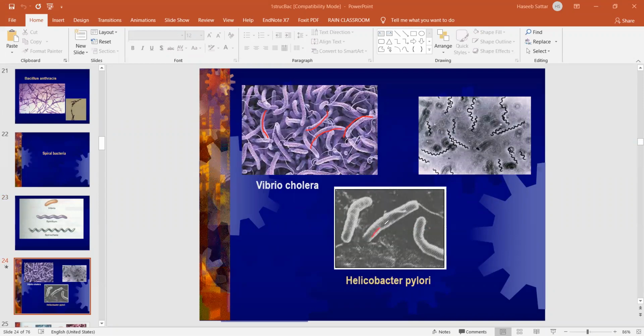Helicobacter is also a Vibrio form. Helicobacter pylori is present in our stomach, and you can say it is the most resistant bacteria, which can survive even the acidic pH of the stomach. The stomach pH is about 1.4 or 2, or generally we can say 2 to 3.